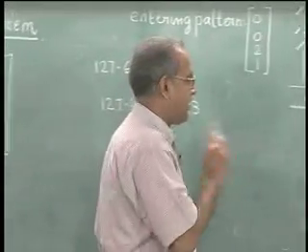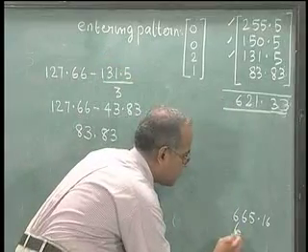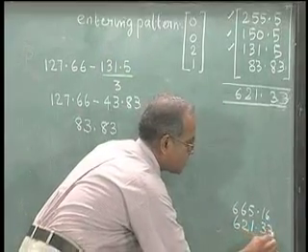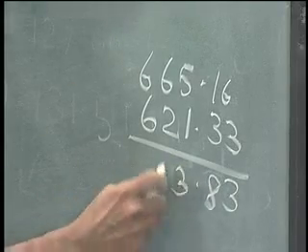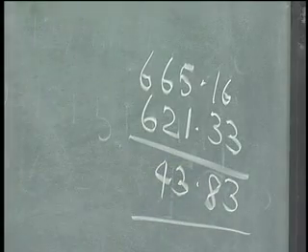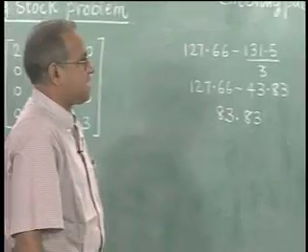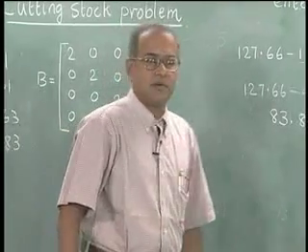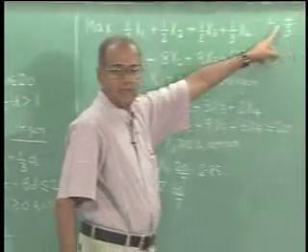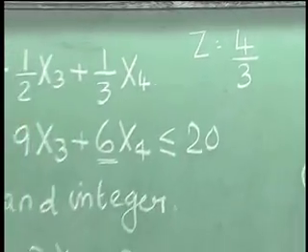So, let us just verify that for a moment. This was the old solution, this is the new solution, 621.33. 43.83 was the reduction, where Cj minus Zj in this case was 1 by 3. The reason Cj minus Zj was 1 by 3 is because we have Z equal to 4 by 3 coming here, and we also have a constraint that this is greater than 1.